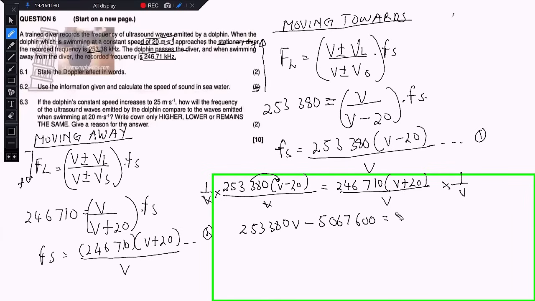And here, this is 246,710 V. I'm still doing this.